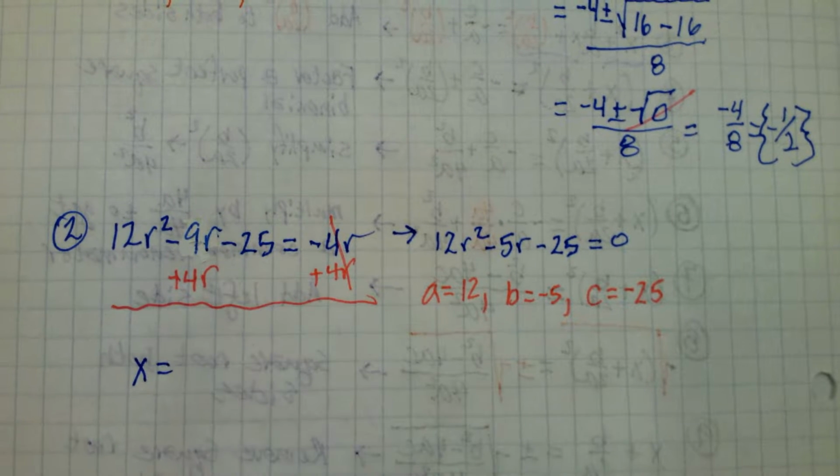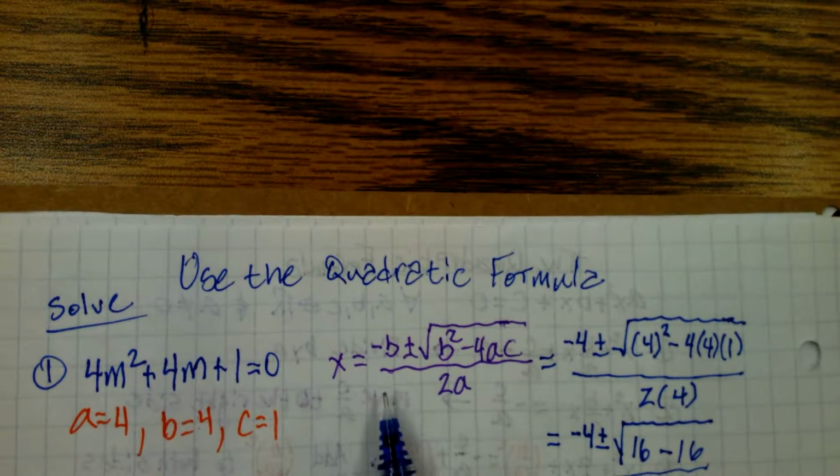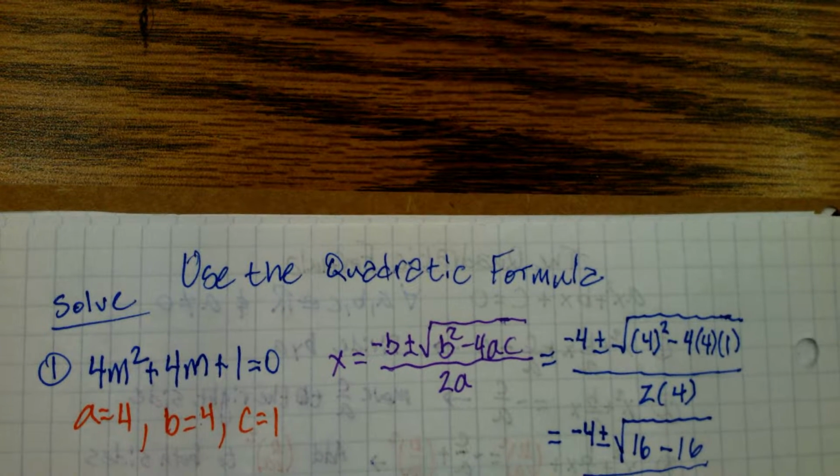X equals, well, we want negative b, right? We want negative b. And then we have negative 5 for b. So I'm going to write it this way. Negative 5 plus or minus the square root of b squared.